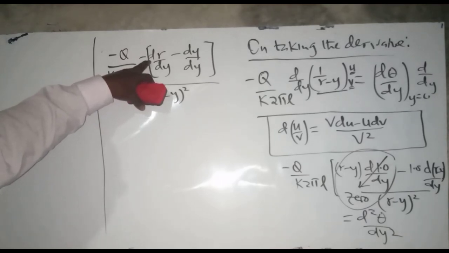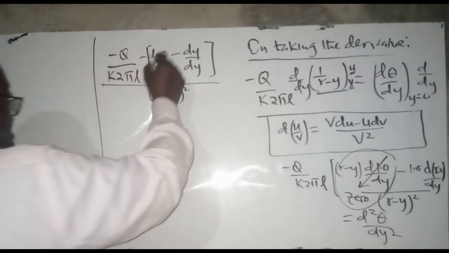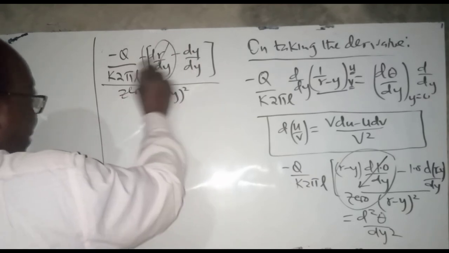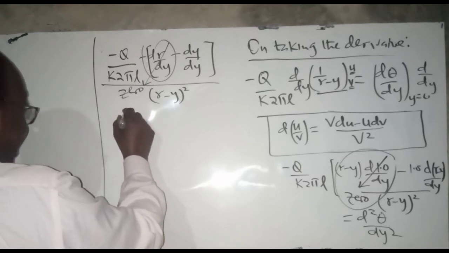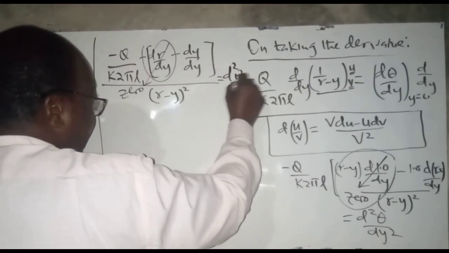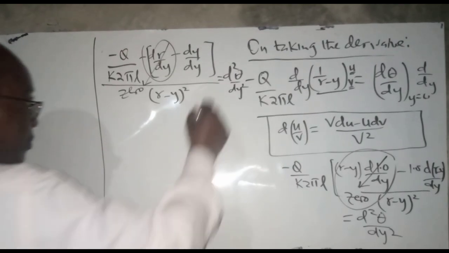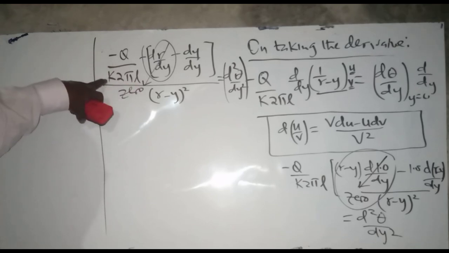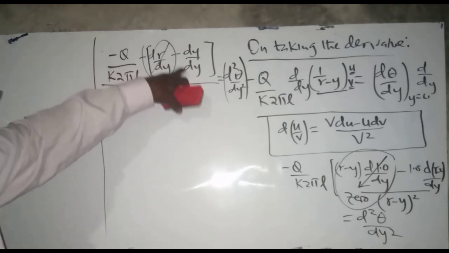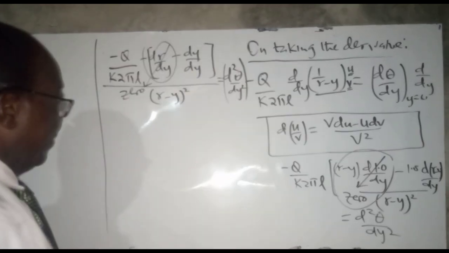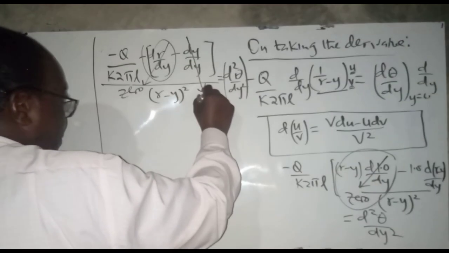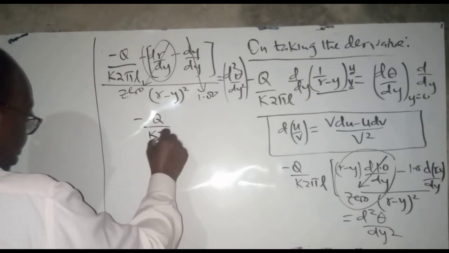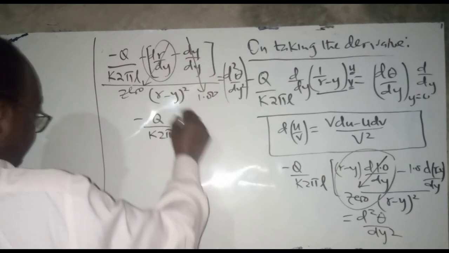And so dr dy is 0 because there is no y there. That's again a constant, so that is also 0. So this whole quantity is 0. Minus minus is plus. So we are left with minus, and that of course is d2 theta dy squared. So we are left with minus q over k 2 pi l, and then we have dy by dy. This is unity, that's 1. So we have minus q over k 2 pi l times 1.